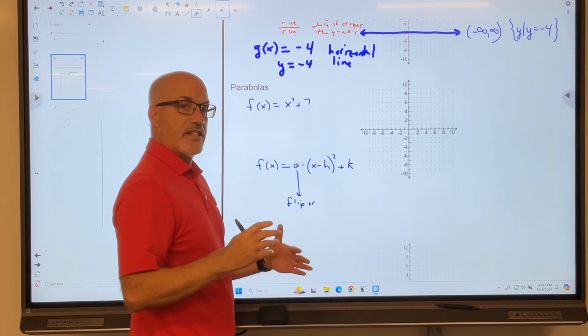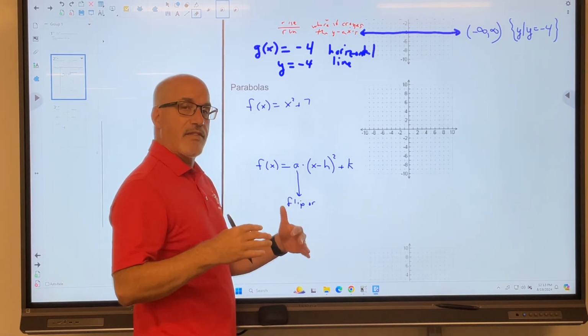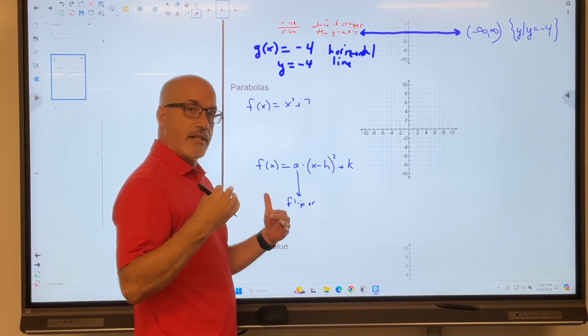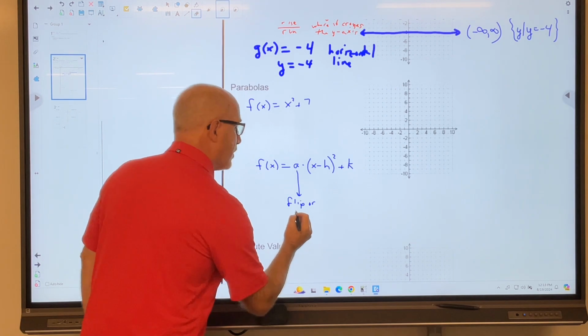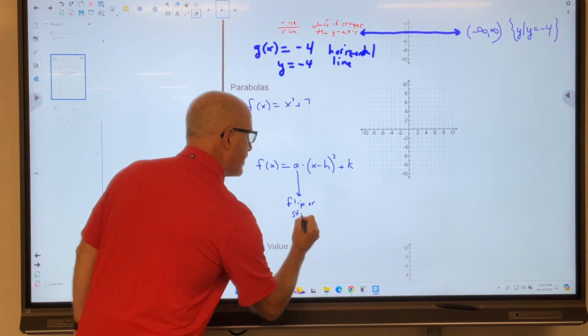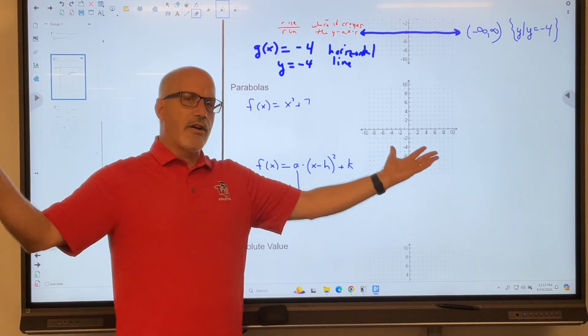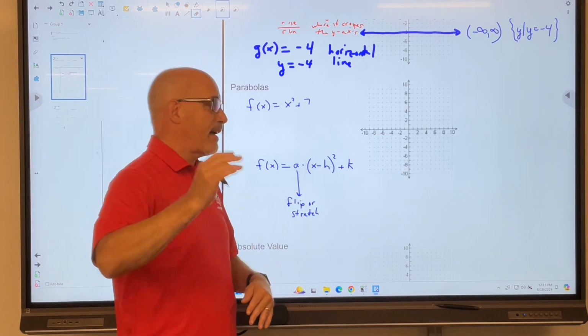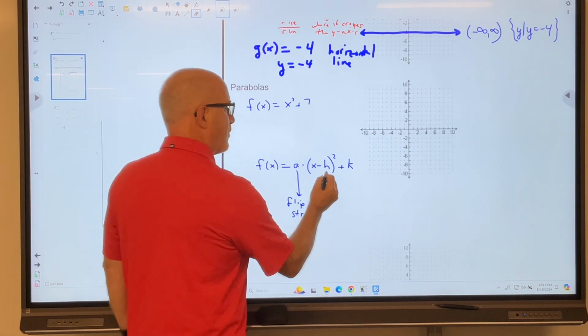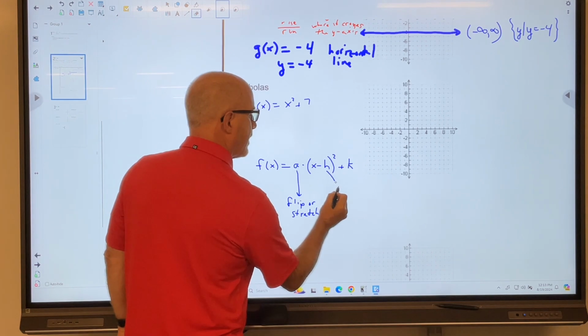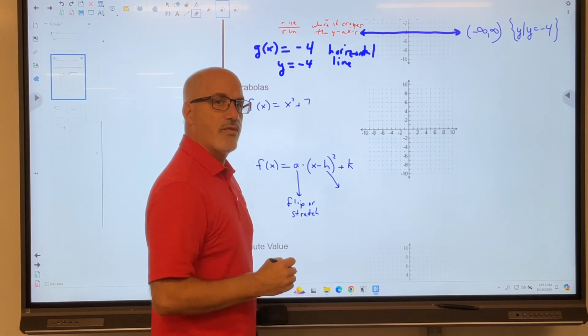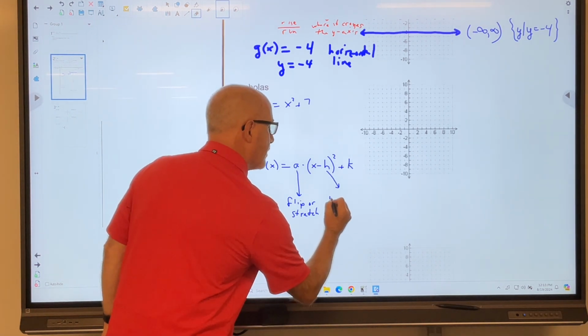And if it's a different number, like a 7 or a 9 or a negative 3, it will also stretch it vertically. If it's a fraction, it'll make it wider. If it's an integer, it'll make it go up faster, down faster. This number here, h, is how far we move side to side.